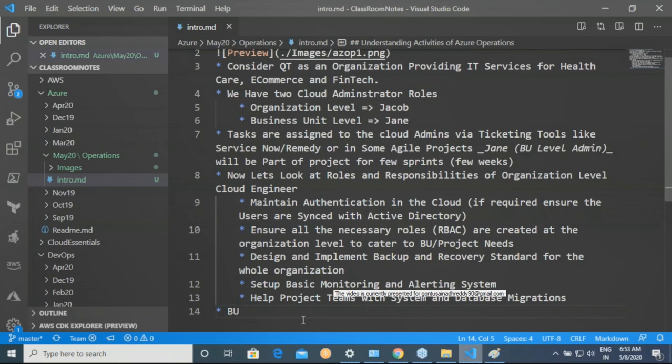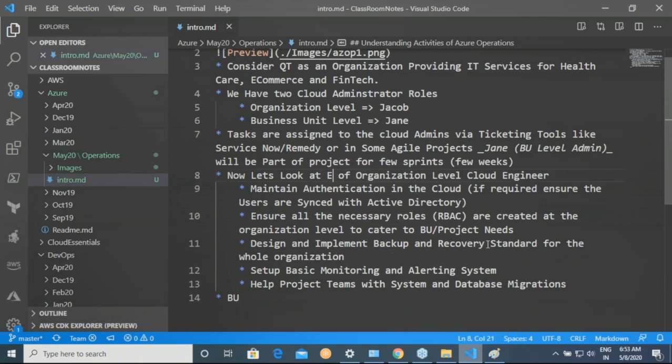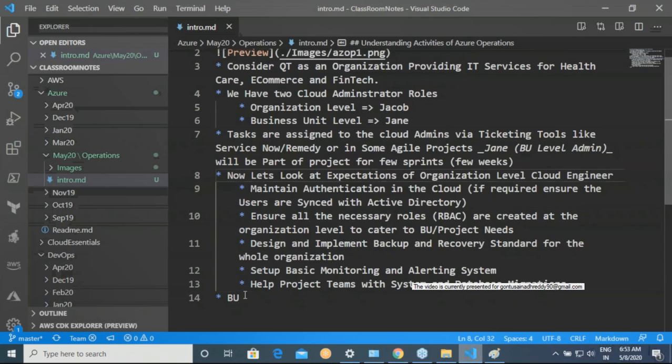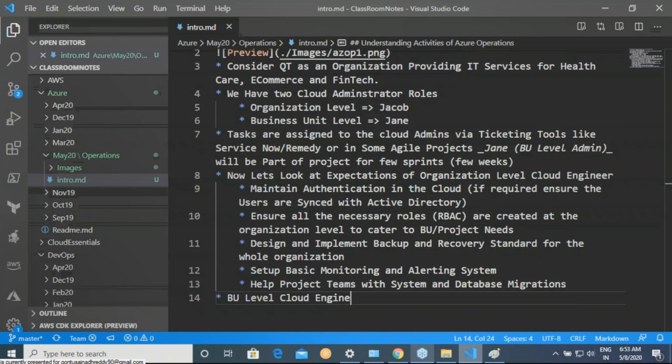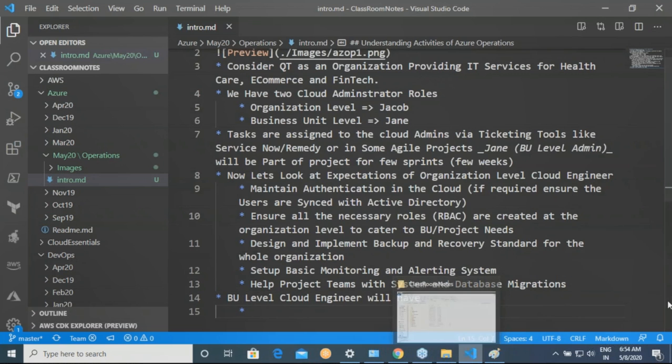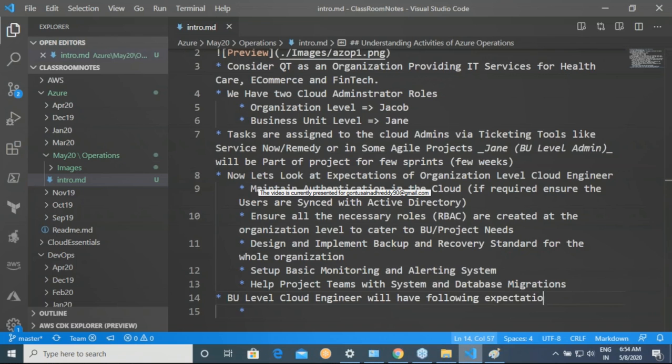Now, let us look at roles and responsibilities. Let me not call it roles and responsibilities because this looks more like expectations. The BU level cloud engineer will have the following activities, the following responsibilities, following expectations.